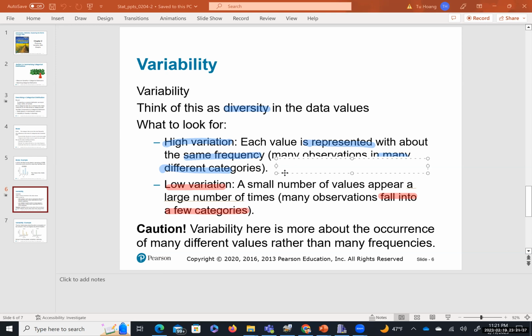For the high variation, the distribution has lots of diversity, right? And for the low variation, the distribution has little diversity.